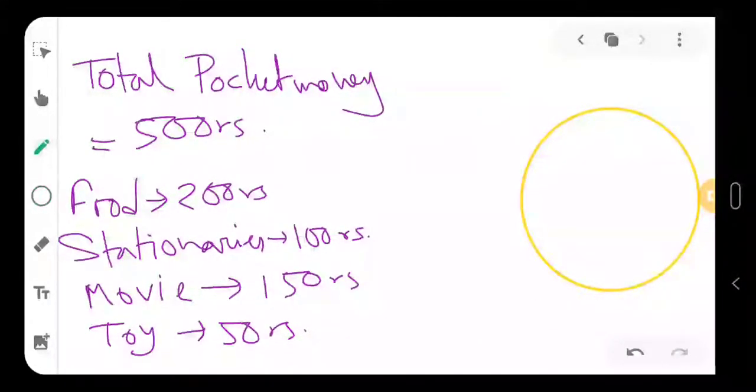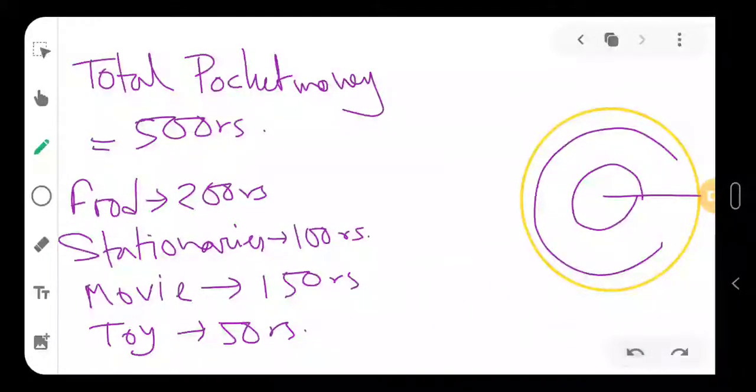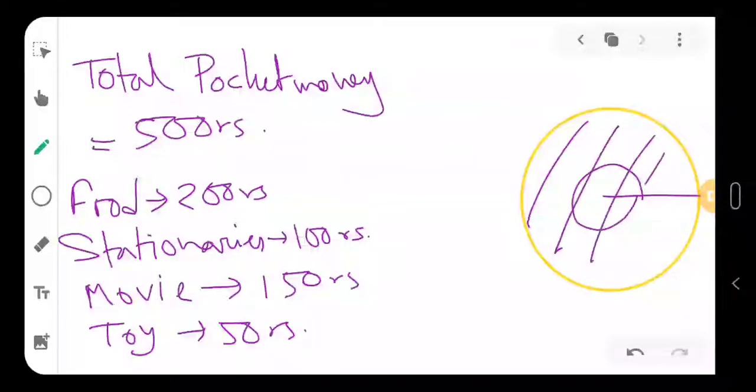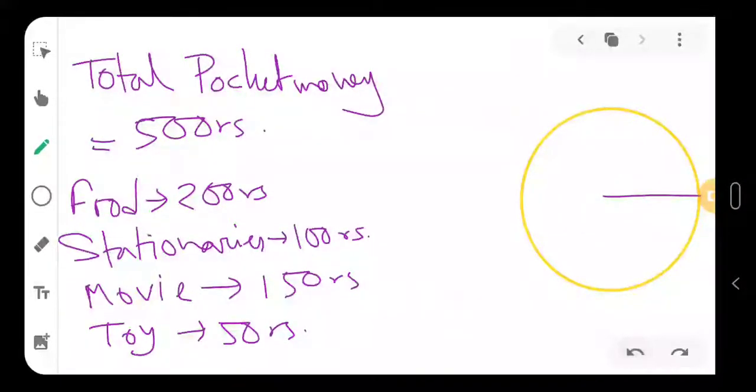Now you see here 500 is the total. So my complete angle, that means from here to here, if I want to shade the whole thing, that will be my 500 rupees, and that will be 360 degree, right? So 500 rupees means 360 degree angle. In same way we will use unitary method to find out what will be for 200 rupees.